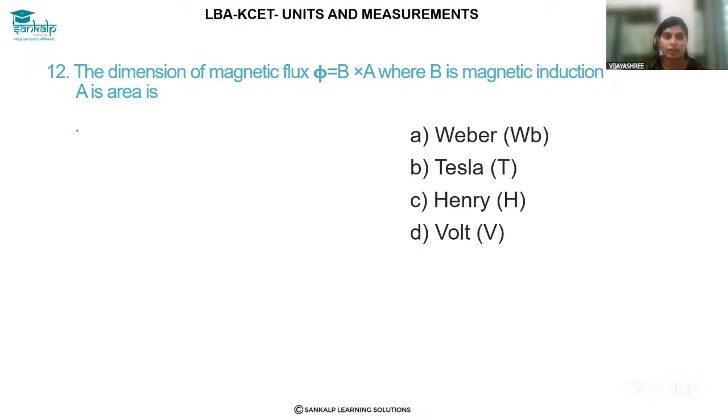So magnetic flux phi is equal to B into A, where B is magnetic induction or magnetic field and A is area. This is the given thing.